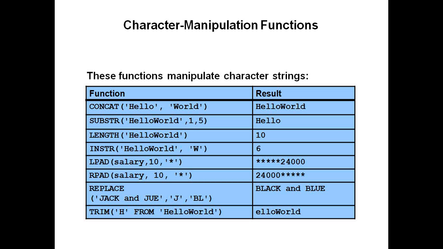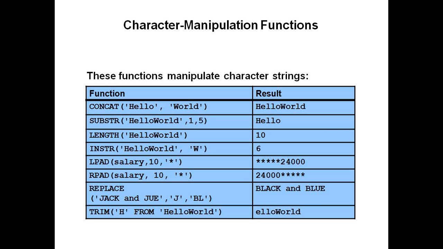So that is the reason in the output you can see 5 positions we have stars, and the next 5 positions we have the salary, whatever is there. And the same is the case with RPAD. So LPAD is going to add the symbol you want on the left hand side, whereas RPAD is going to do the same on the right hand side.